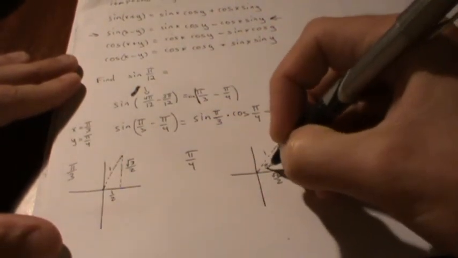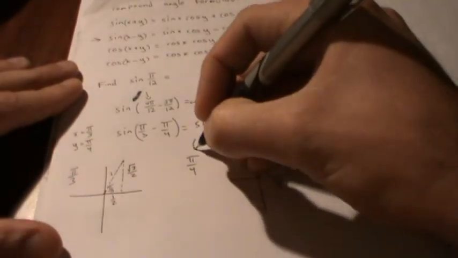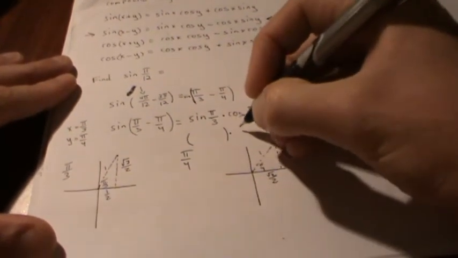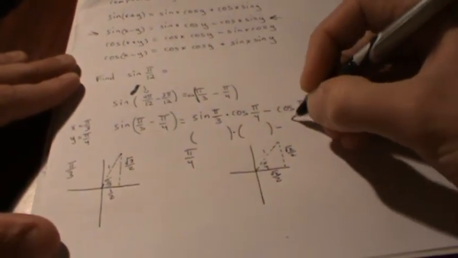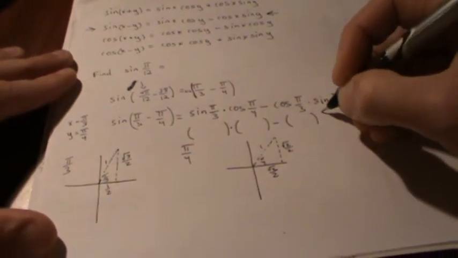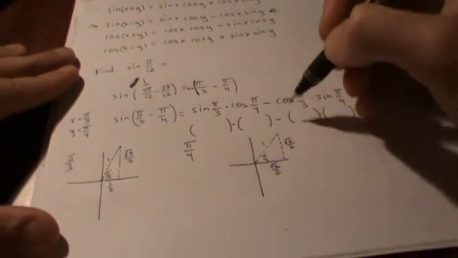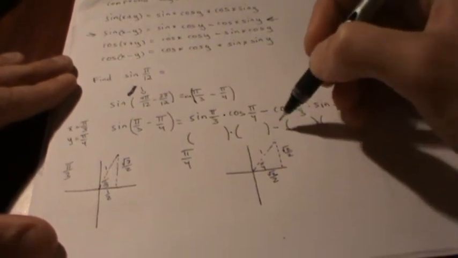So this is pi over 4, and this is pi over 3. And then I'll just figure out what each of these are and write them in there.